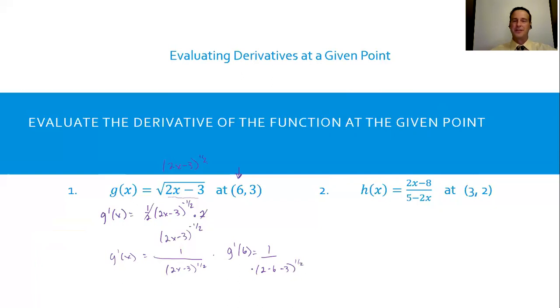And really, you could stop there because you inputted your x like you're supposed to. But if you were to finish this, 1 over the inside piece gives you 9, and 9 to the 1/2 is really 3, which gives you a third.